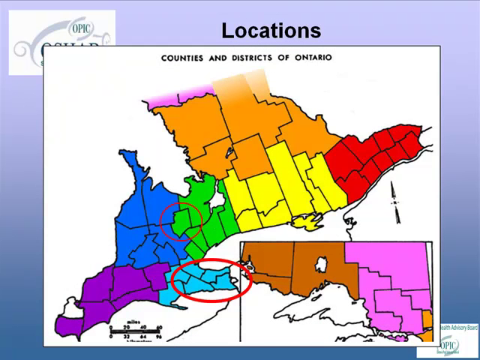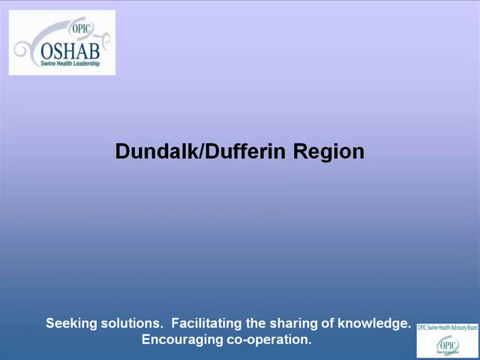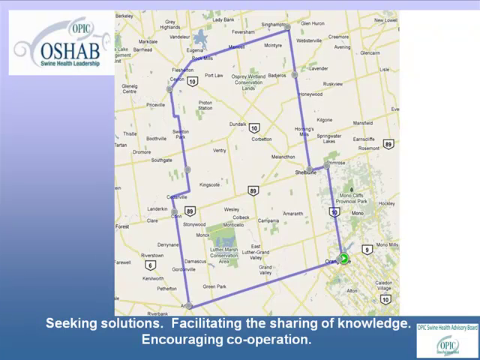So currently, these are the counties and districts of Ontario, and the 2 red circles, see right here, are the 2 areas that we are currently looking at in terms of deciding which area we're going to select. And so the first region I'll talk about is what I call the Dufferin Region. And to give you an idea, on the bottom, it goes from Arthur to Orangeville. So what does that mean? If you know where Toronto is, this area is probably an hour and a quarter northwest of Toronto.